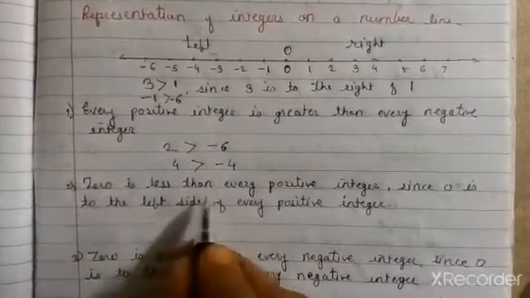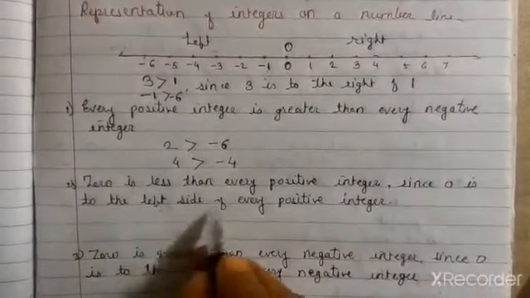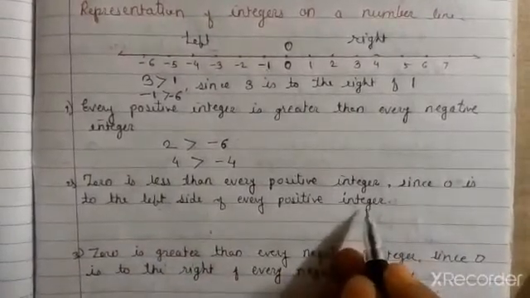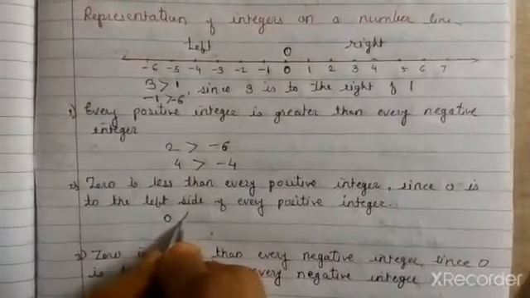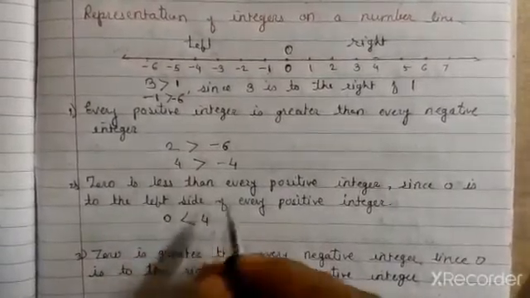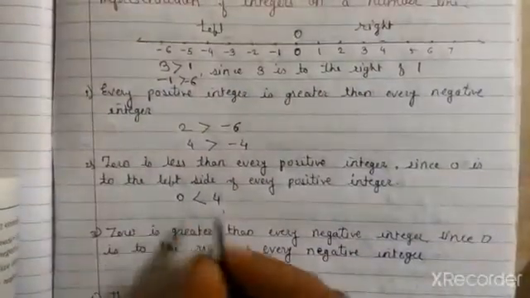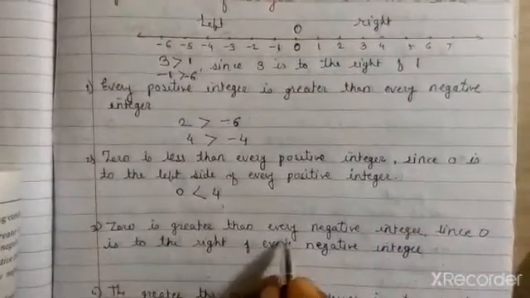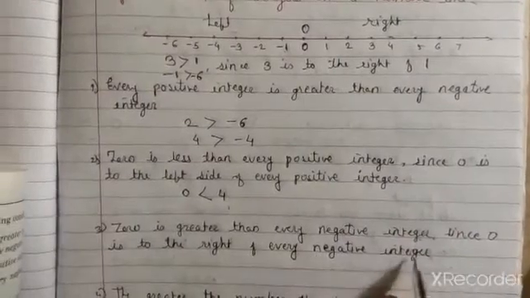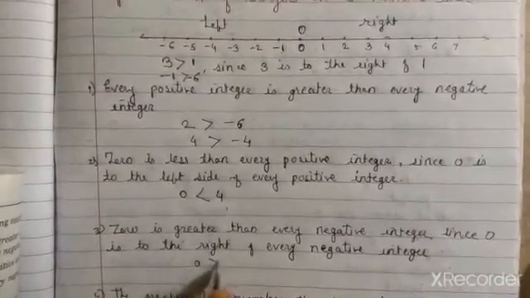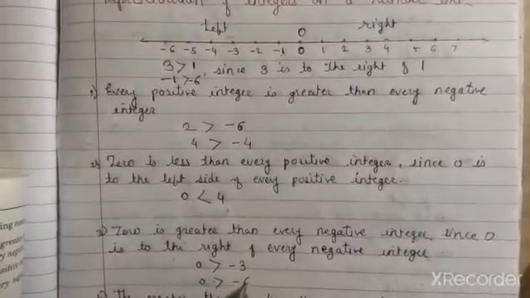Next, 0 is less than every positive integer since 0 is to the left side of every positive integer. Here 0 is less than 4 because 0 is to the left of 4, so it is smaller. Next, 0 is greater than every negative integer since 0 is to the right of every negative integer. 0 is always greater than -3. 0 is always greater than -6.